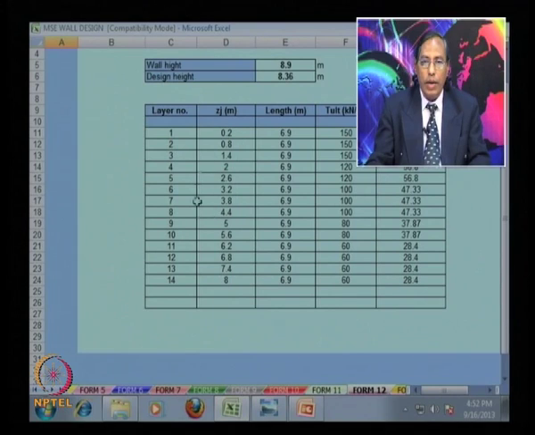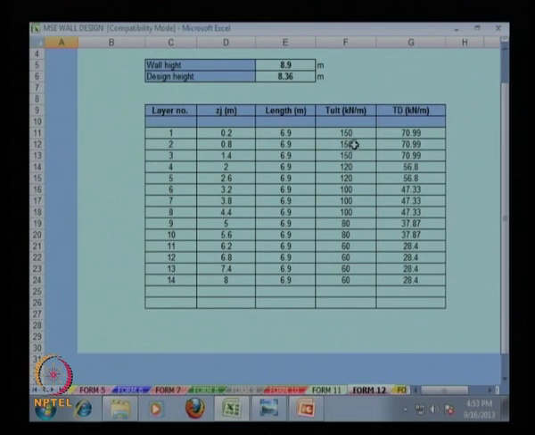The vertical spacing between two reinforcements is 0.6 meter, almost 0.66 in this zone. The length of the reinforcement is constant throughout, 6.9 meter, and T ultimate is 150 kilonewton, then 120, then 100, then 80, and then 60.